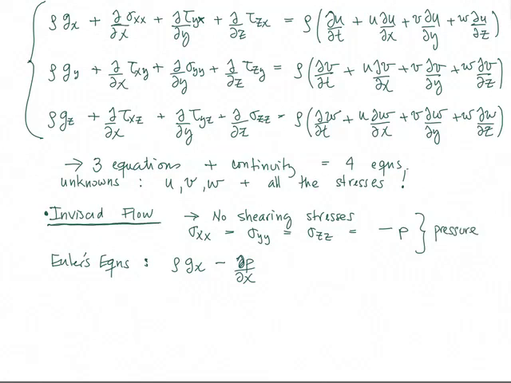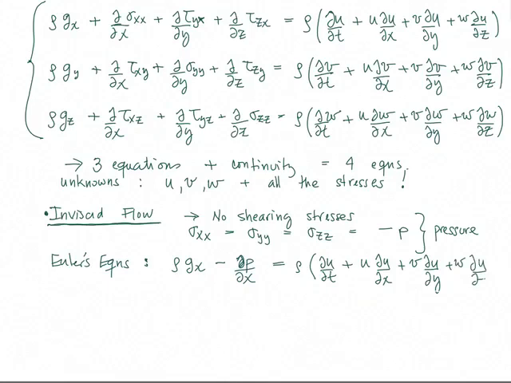And on the right-hand side, again, we have the acceleration term, the same as above for the first equation. In the x direction it is rho du dt plus u du dx plus v du dy plus w du dz.